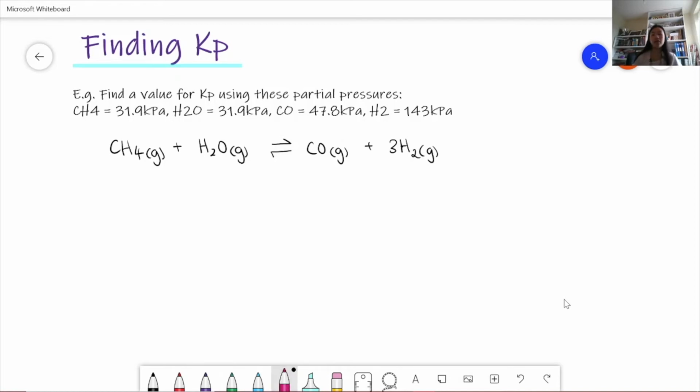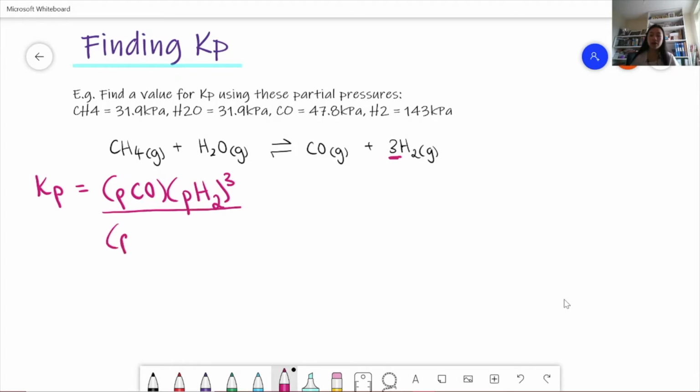So we write out the expression for Kp. So Kp is equal to the partial pressures of the products divided by the partial pressures of the reactants. And so we have the partial pressure of carbon monoxide multiplied by the partial pressure of the hydrogens. And this will be to the power of 3 because we've got 3 moles of hydrogen. And then this is divided by the partial pressure of CH4, and then multiplied by the partial pressure of water.